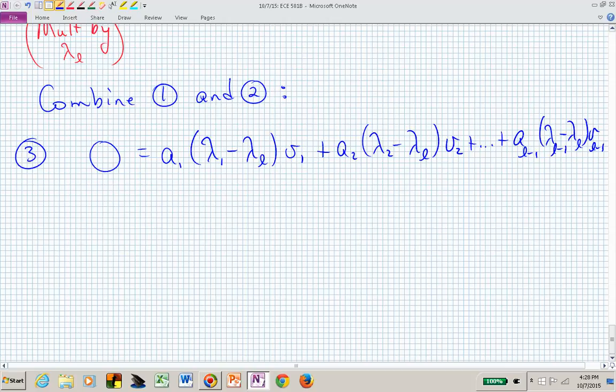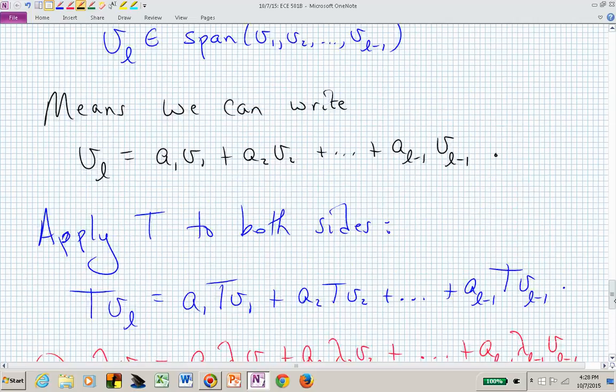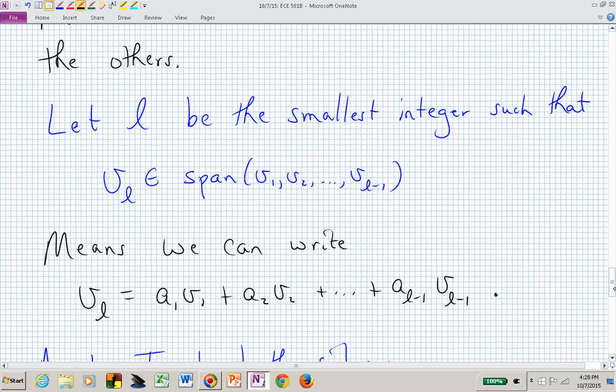Now we can actually use the fact of why did we order those eigenvalues in this particular way to begin with. We said, let's let v sub L be the first eigenvector that can be written in terms of a linear combination of the previous L minus 1 vectors.